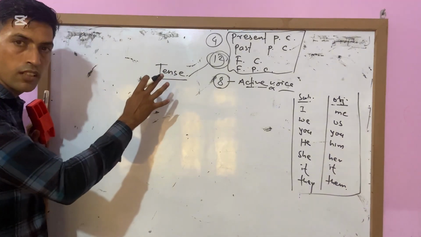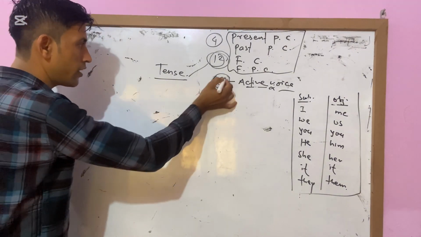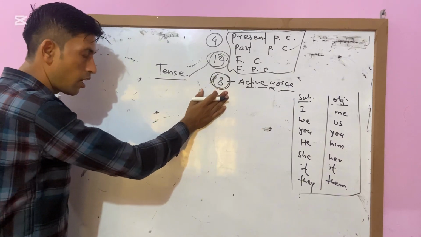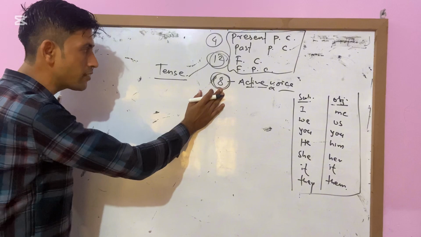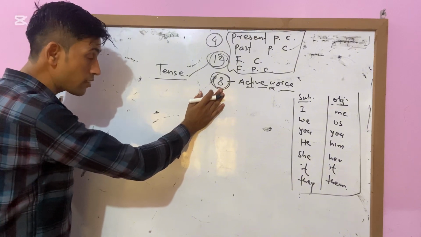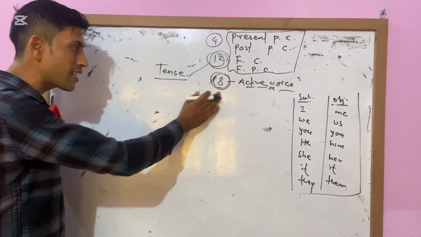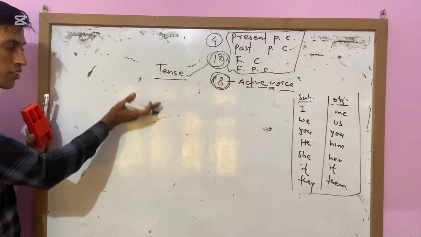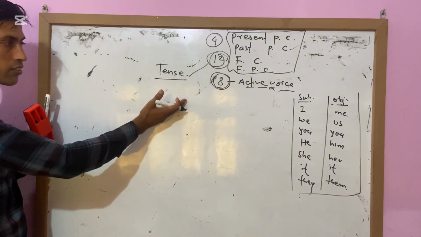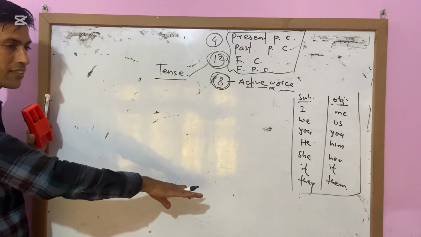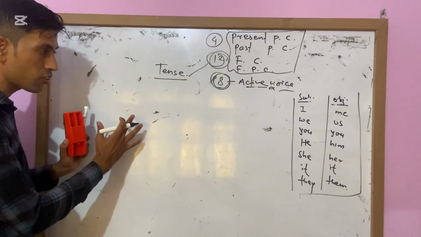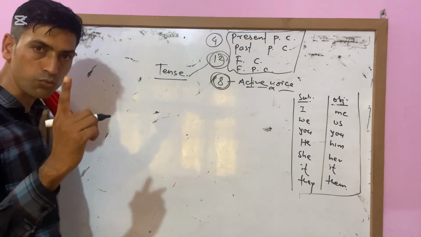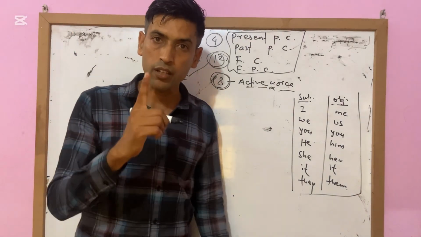Okay, now let's go through the structure. I have made one structure which covers all the tenses. There are 8 tenses which we can change from active to passive, and all the structures are different. There are 8 structures of the passive voice, but I have integrated the whole structures into one structure, so you can understand it very well and perfectly.